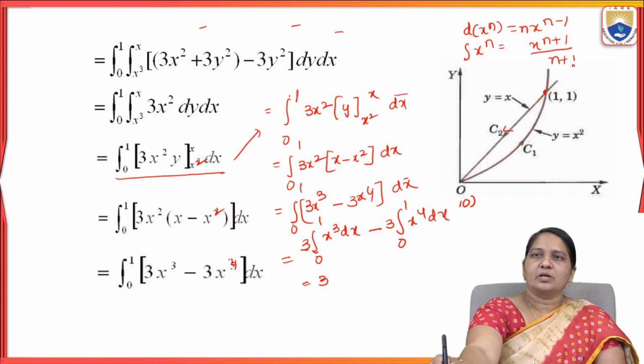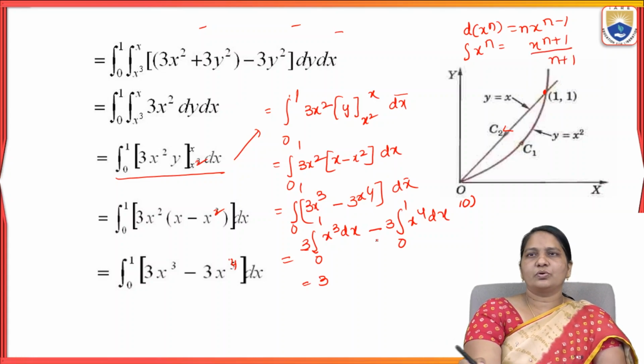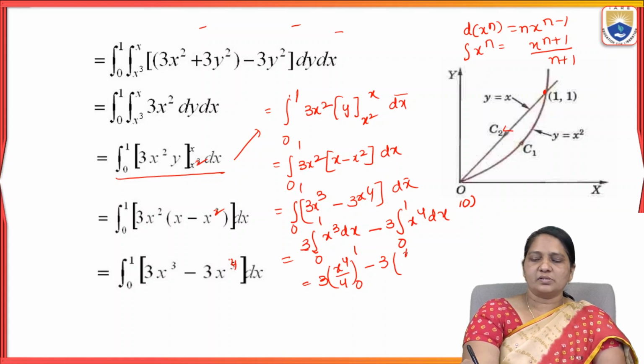So 3 integral x cube is x power 4 by 4, with limits 0 to 1. Minus 3 into integral x power 4, that means x power 5 by 5, with limits 0 to 1.